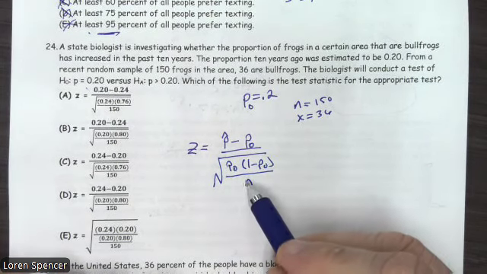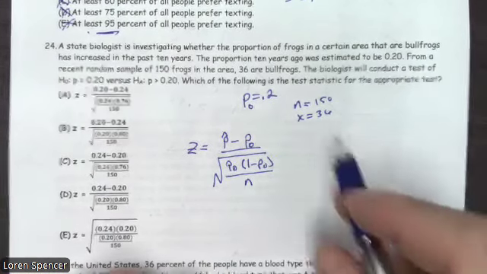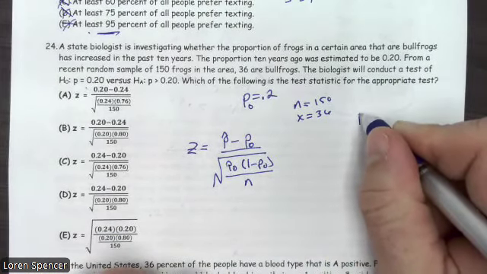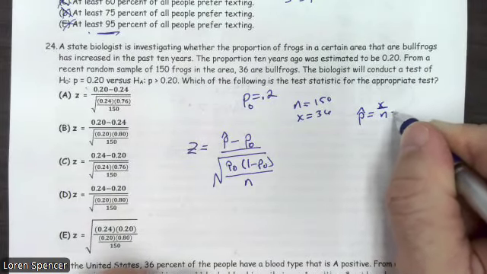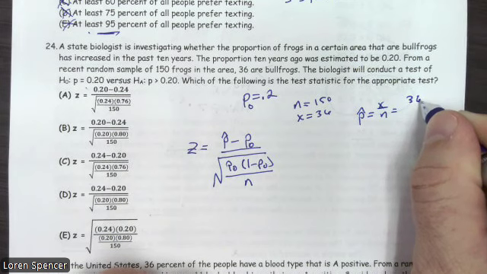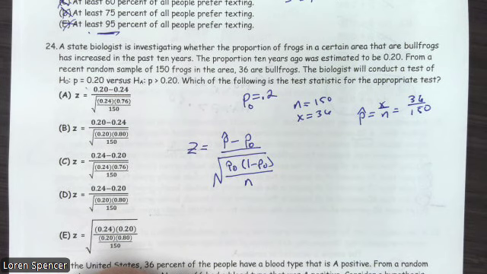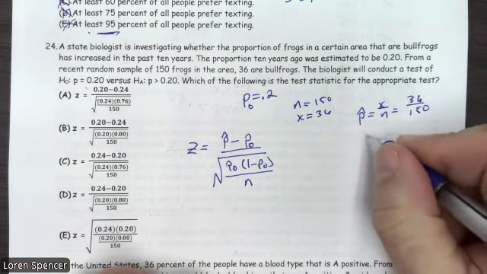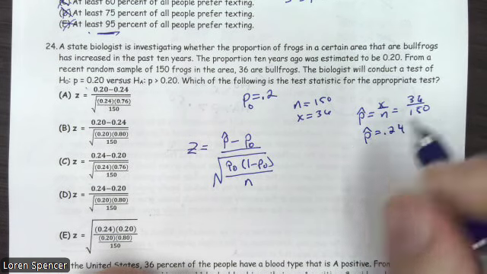We do not use p-hat here. p-hat though equals x over n, which is 36 over 150. If I divide that out, I end up getting 0.24. So p-hat equals 0.24.